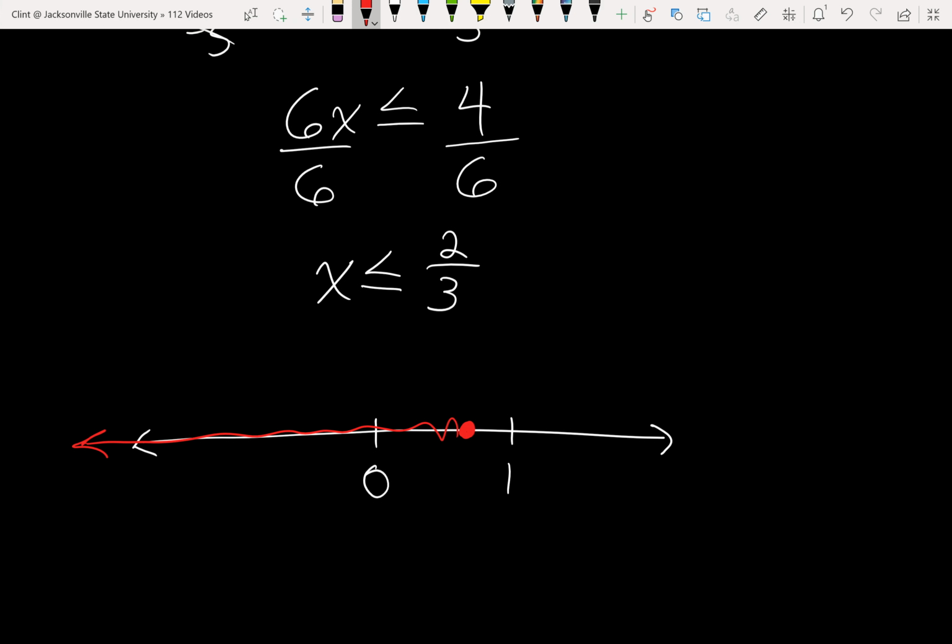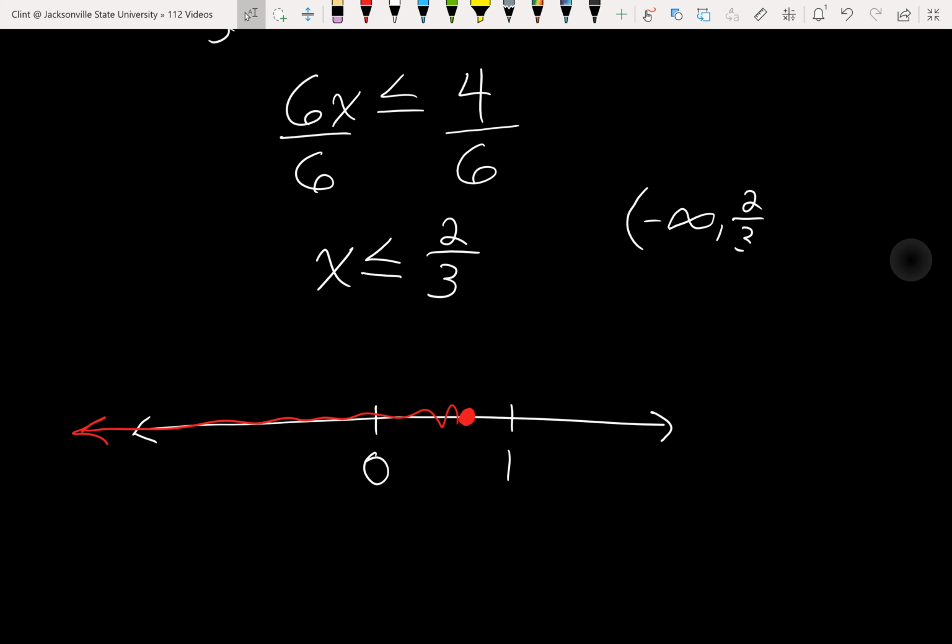Okay. In interval notation again, the smallest our solution can be, it goes forever to the left, so -infinity. The biggest our solution can be, remember we're going all the way up to 2/3, and this time we are including 2/3, so we will have a square bracket.